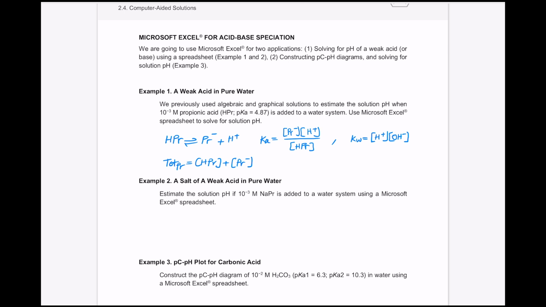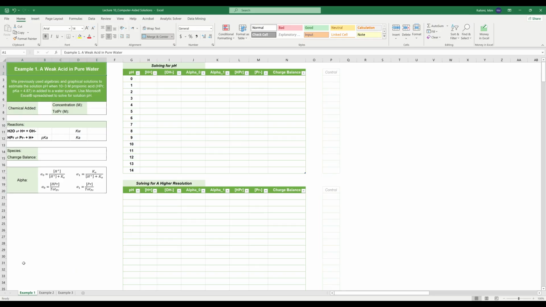So we're going to use Excel to find the solution pH. As the first example, we're trying to calculate the solution pH when a weak acid is added to pure water. So basically, a solution of 10 to the minus 3 molar propionic acid, noted as HPR, is added to water, and our job is to basically calculate the solution pH.